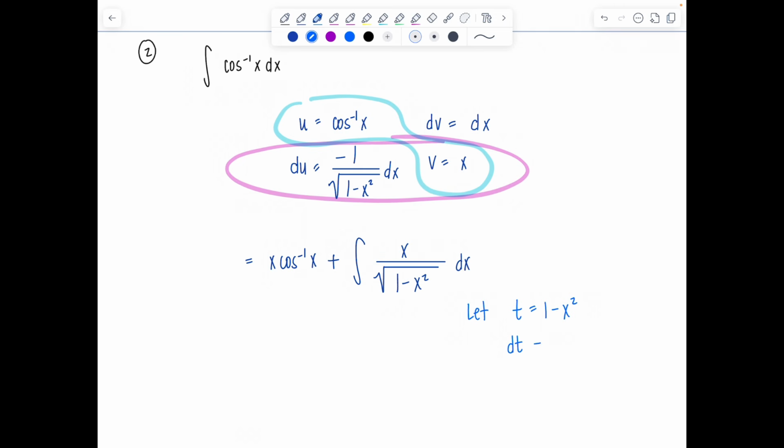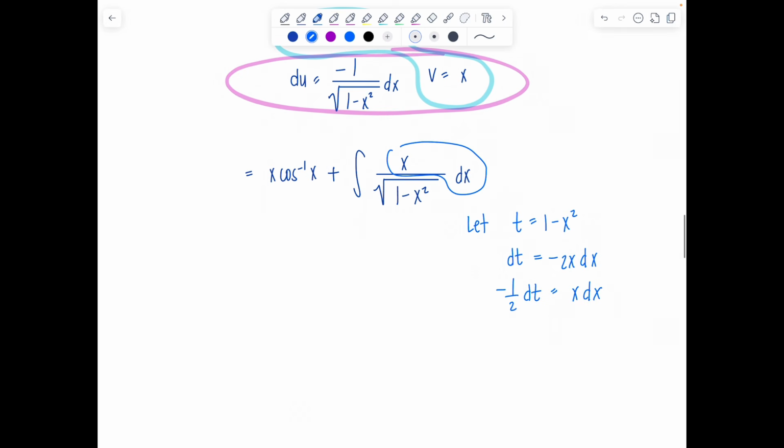And then dt is going to be negative 2x dx. Well, all I see is x dx, so let me get rid of that negative 2. So negative 1/2 dt is x dx. Okay, so just rewrite what you have, like bring that x cosine inverse of x down. Don't stop writing it. And then we have plus the integral.